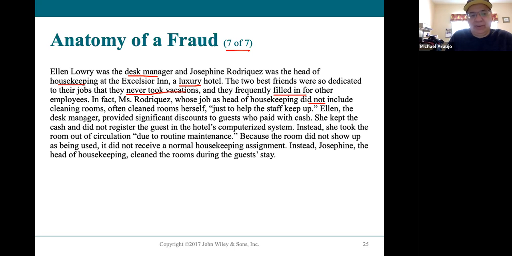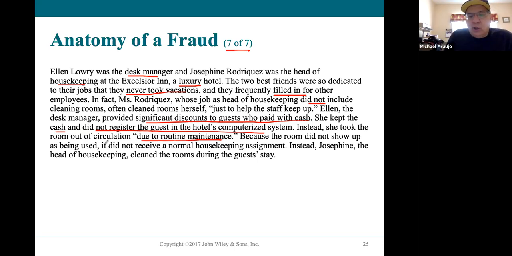Ellen, the desk manager, provided significant discounts to guests who paid cash. She kept the cash, never recorded it in the computer system. Instead, she took the room out of circulation with a post routine maintenance.